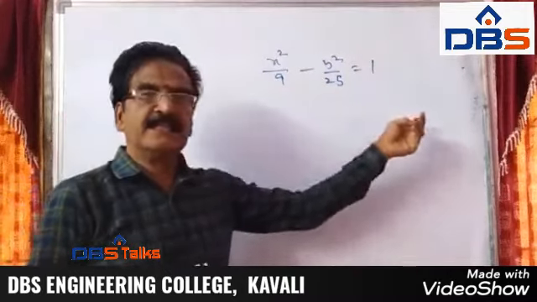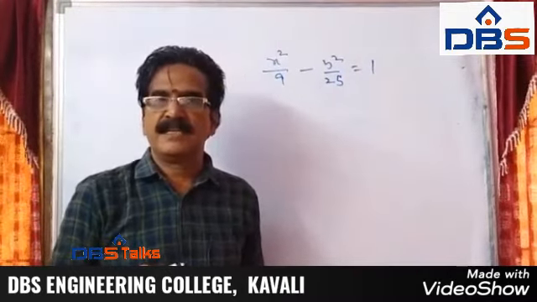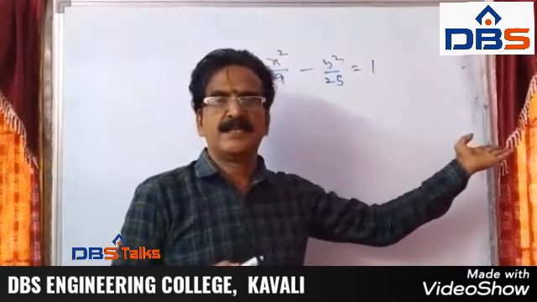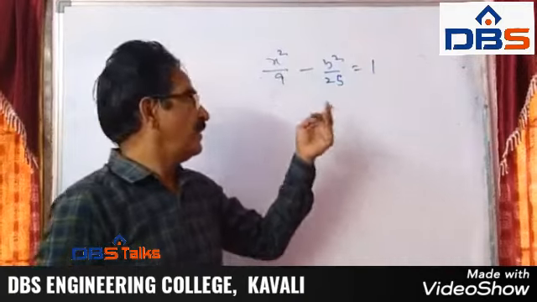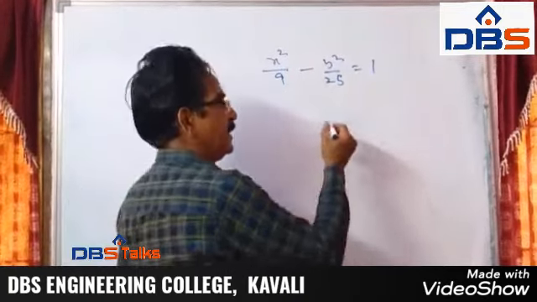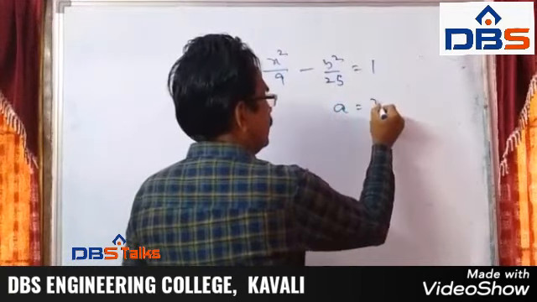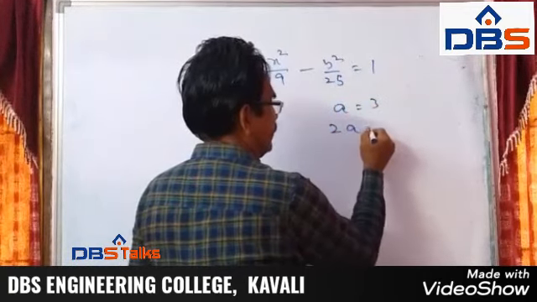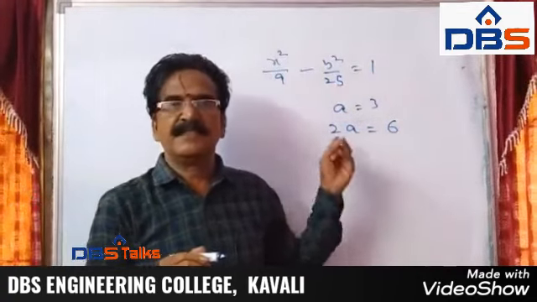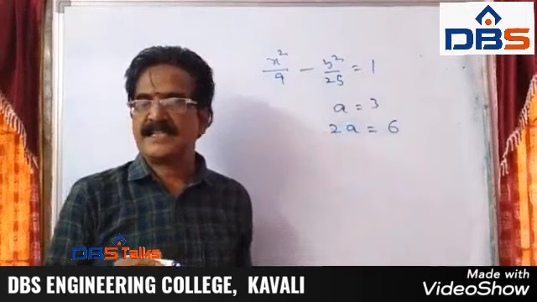What is the length of the transverse axis? The transverse axis is, as you know, 2a. a is equal to 3. So 2 into 3, 6. The length of the transverse axis is 6.